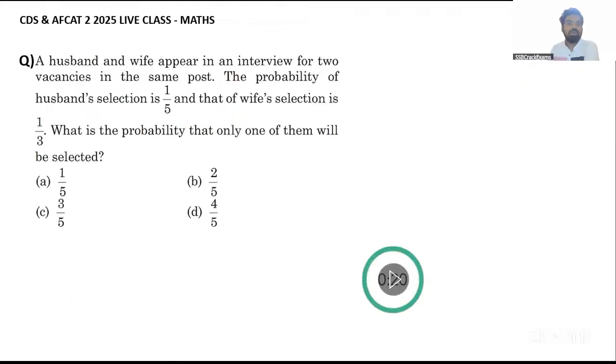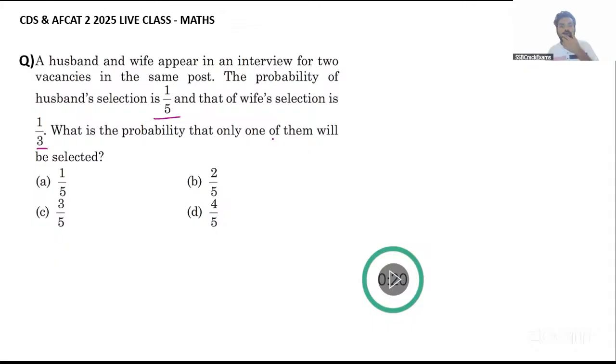Okay, next question is that a husband and wife appear in an interview for 2 vacancies in the same post. The probability of husband's selection is 1 upon 5. Wife's selection is 1 upon 3.